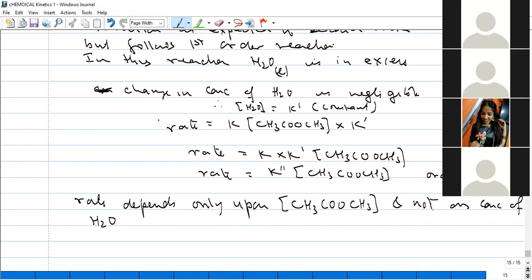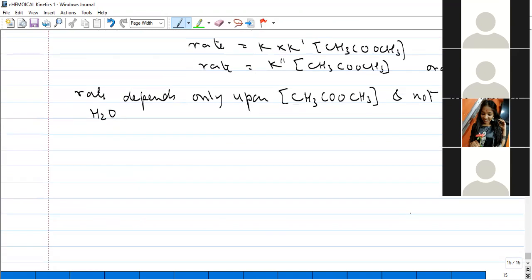So this is the pseudo first order reaction. Therefore, it is called pseudo first order reaction.